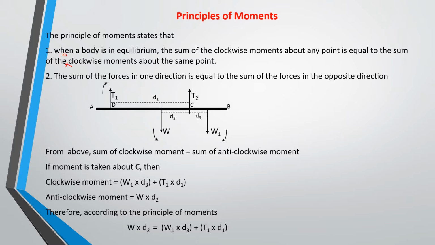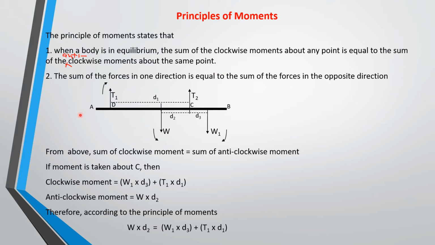Sorry about this, this should be anti-clockwise moments. So that is one of the principles of moment. When a body is in equilibrium, the sum of the clockwise moments about any point is equal to the sum of the anti-clockwise moments about the same point.